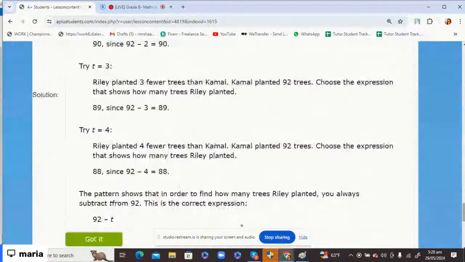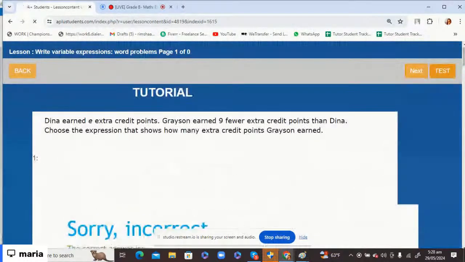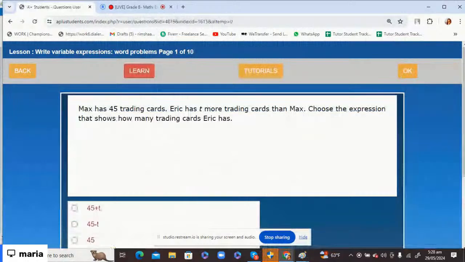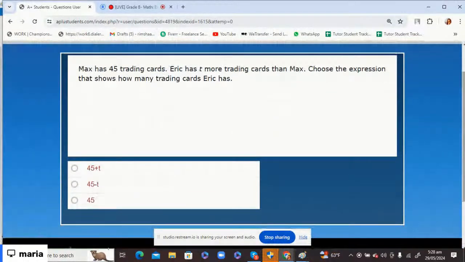Alright. Now let's do some test questions for that. Max has 45 trading cards. Total cards are 45. And Eric has T more trading cards than Max. Now it's more. What is the meaning of more? That is simply addition.